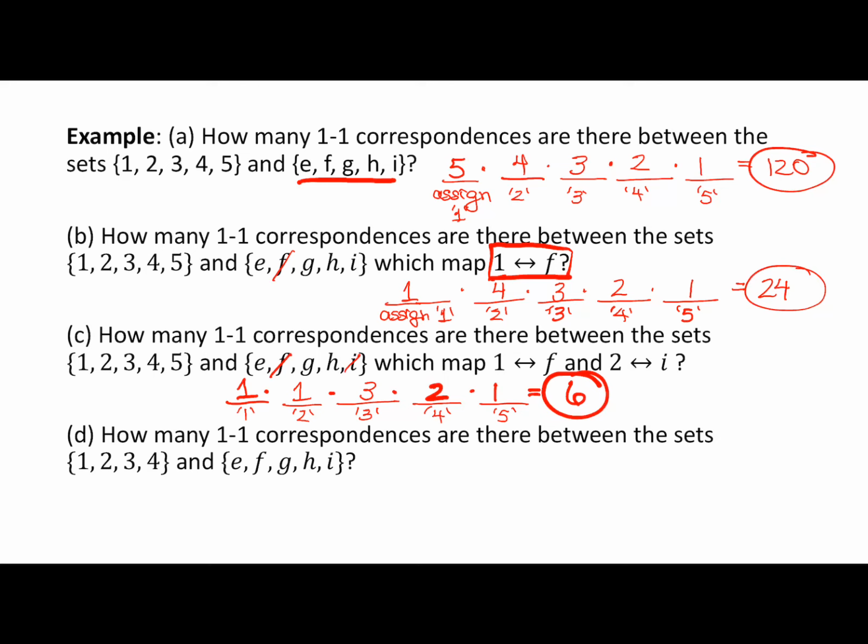Well, if I try to set up a correspondence here, so let's just think about a sample correspondence, E, F, G, H, I. I could correspond 1 with E, 2 with F, 3 with G, and 4 with H, but the problem is I've got this I left over with no one up above to correspond to I. This means I can't create a one-to-one correspondence between these two sets. They don't have the same cardinality or the same size. Okay, so the answer here is 0. It's not possible to get a one-to-one correspondence between these two sets.